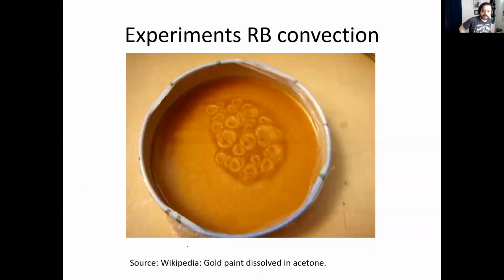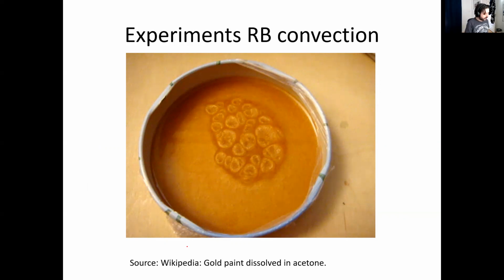Now, I would just like to also show you another two more videos for Rayleigh-Benard. One is a video that I stole from Wikipedia, which is an illustration of where Rayleigh-Benard convection also happens in nature.